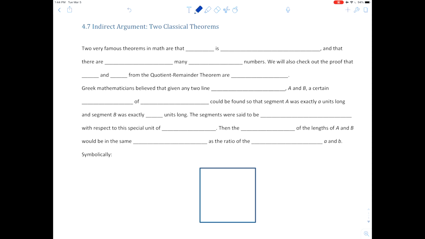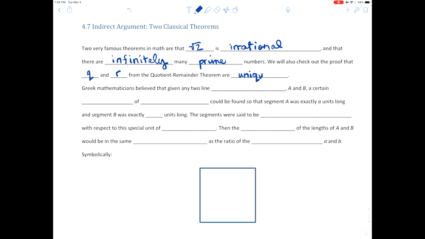Two very famous theorems in math are that the square root of 2 is irrational and that there are infinitely many prime numbers. We'll also check out the proof that Q and R from the quotient remainder theorem are unique, like I was saying.